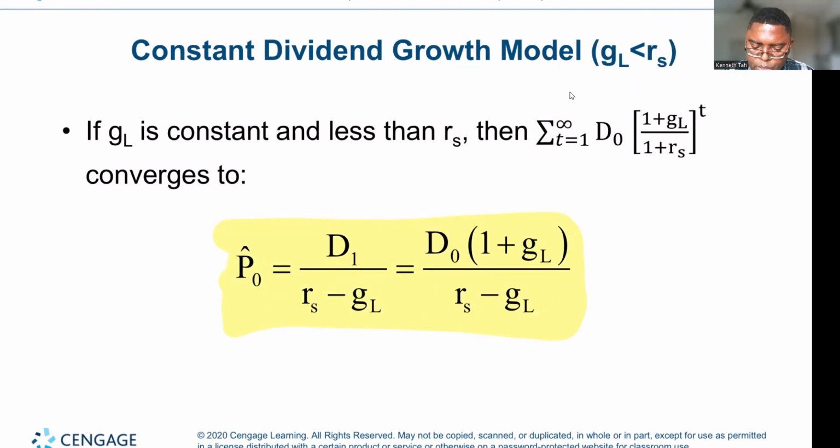It's basically D1, the dividend that will be paid 1 year from now, divided by R, the required rate, minus G, the growth rate. And D1 is equivalent to D0 times 1 plus G, divided by RS minus G.